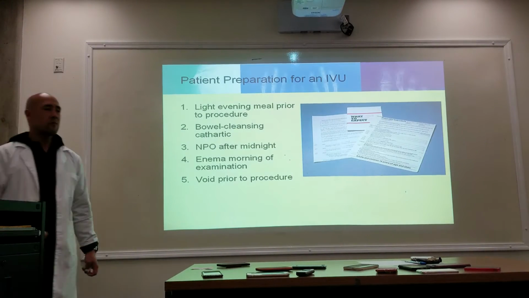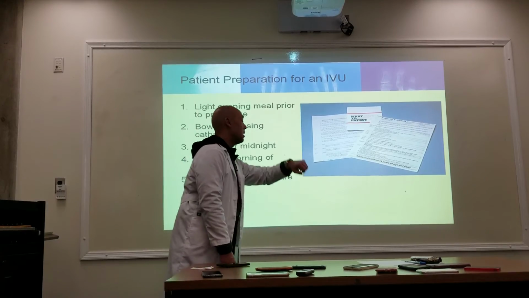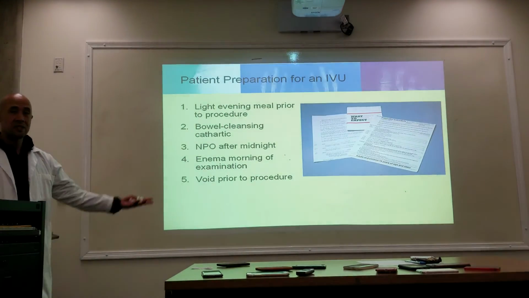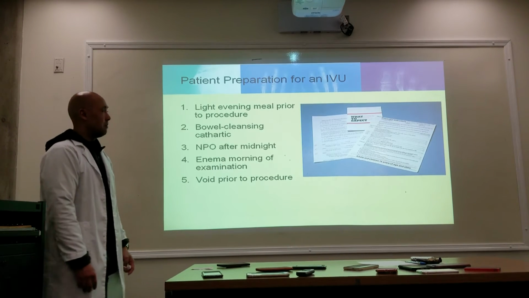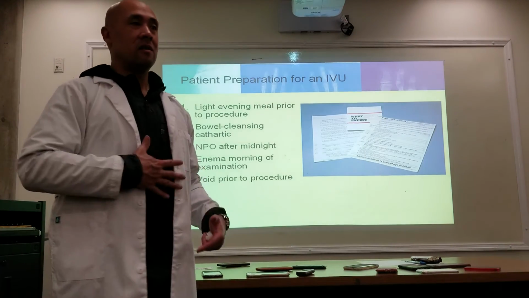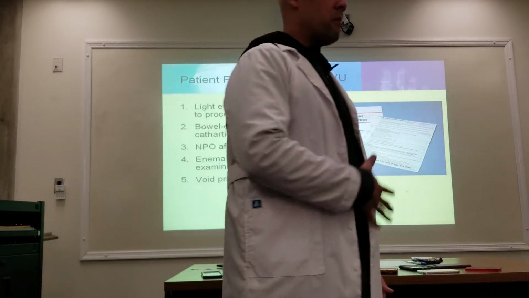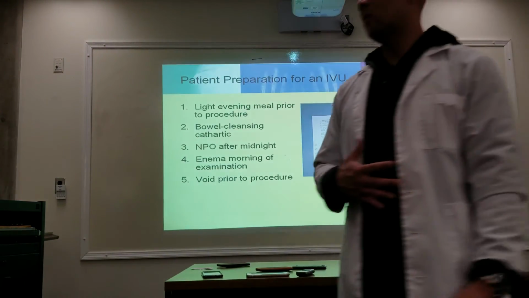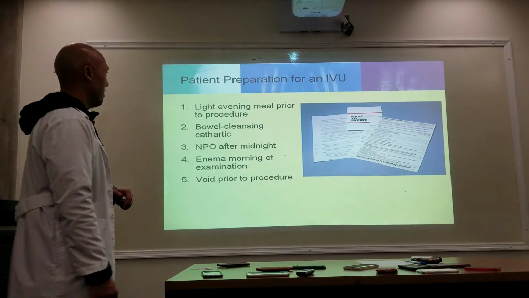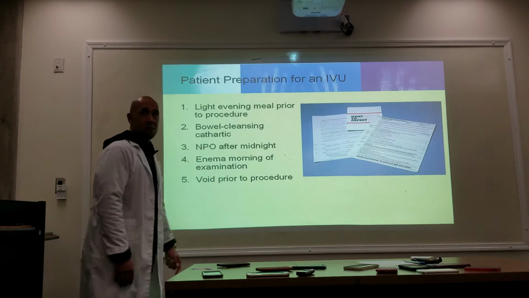Okay. All right, let's go ahead and talk about the procedure. So patient preparation for an IVU, very similar to what? Where are your kidneys? They're right here, in the back, around your abdominal area. So we want to make sure that the bowels are free and clear. So we're going to give them the same prep, like your BE.